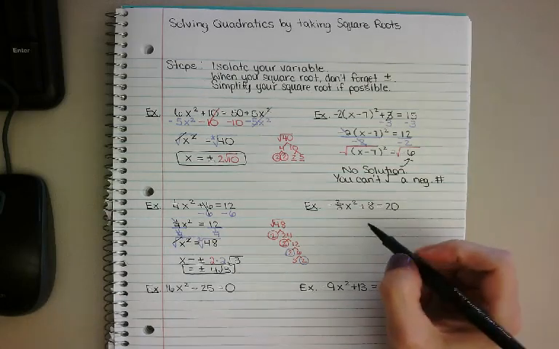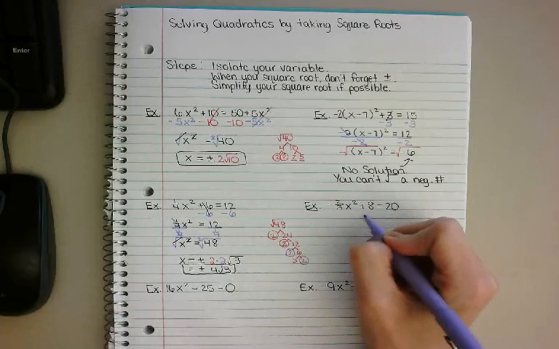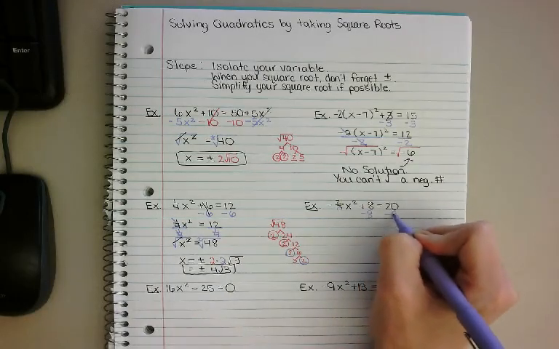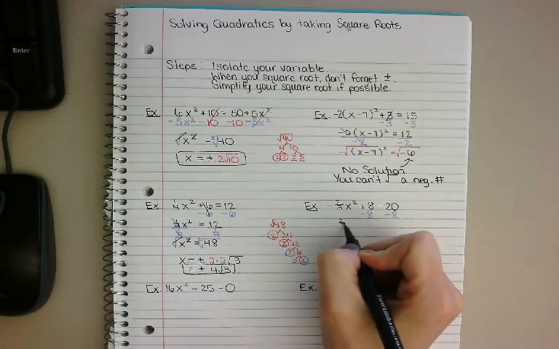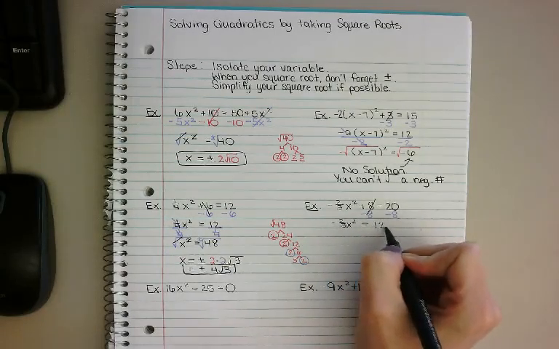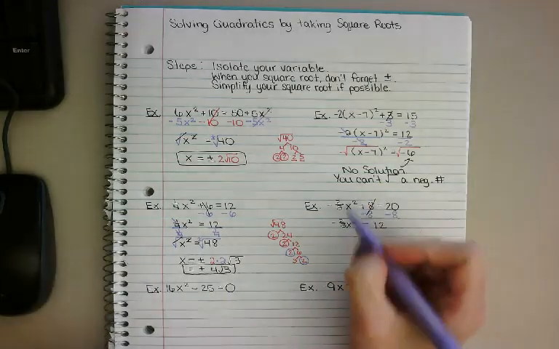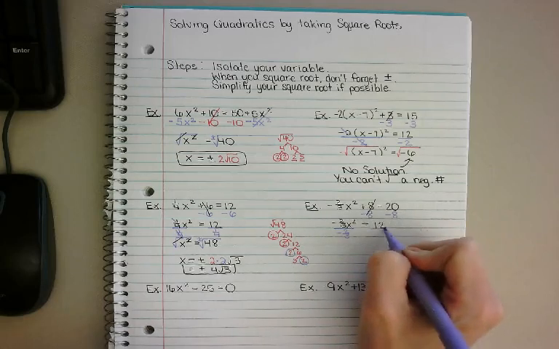All right, next example. So again, we're going to isolate our variable, so we're going to subtract 8 over. And I have negative 2/3 x squared equals 12. And again, if I have a calculator, I'm going to divide both sides by negative 2/3.